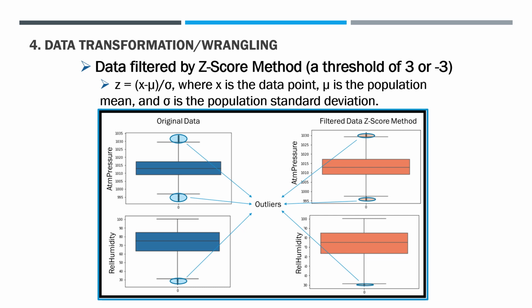Usually a threshold value of 3 or minus 3 is used as a cutoff for filtering the data, and that's what we used as well. And you can see that the outlier numbers were reduced significantly after using the Z-score filter.